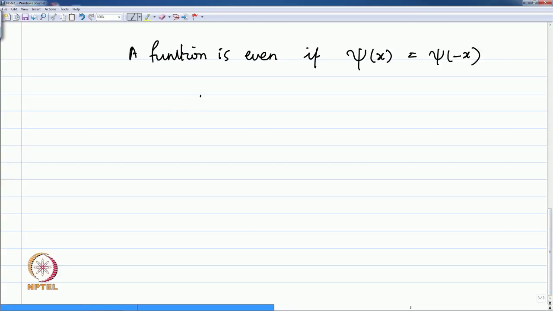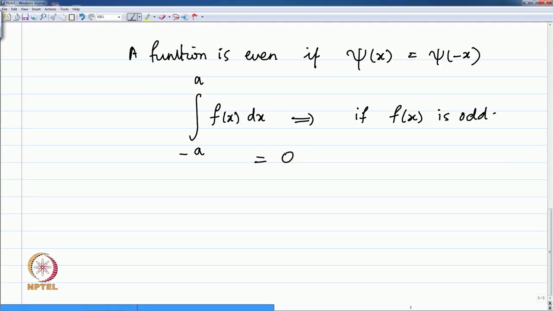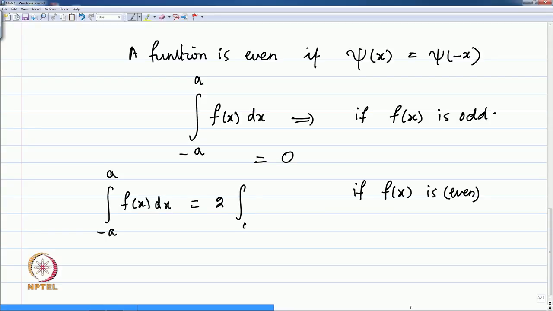Remember, if you are integrating a function between symmetric limits minus a to plus a, f of x dx, you can say something about it if f of x is odd. The answer is this integral will be 0. If f of x is even, you can't say immediately what the answer is, but you can write the following, namely the integral from minus a to plus a of f of x dx for an even function is 2 times the integral from 0 to a of f of x dx.